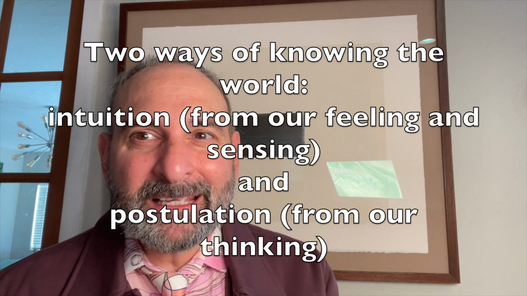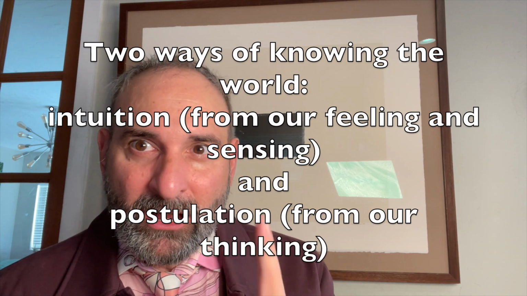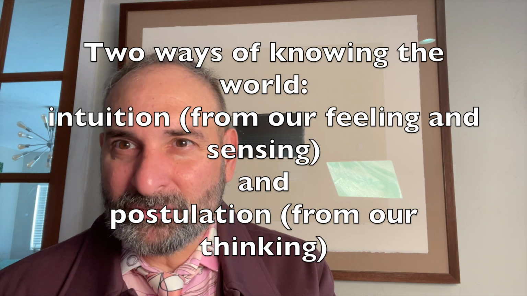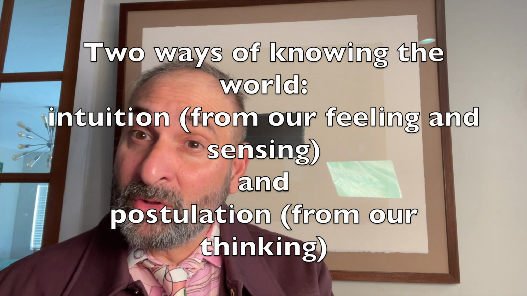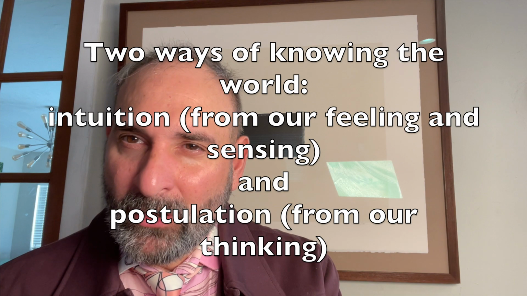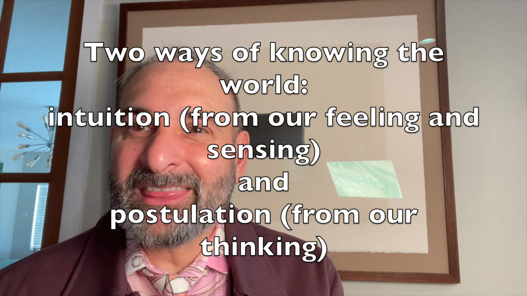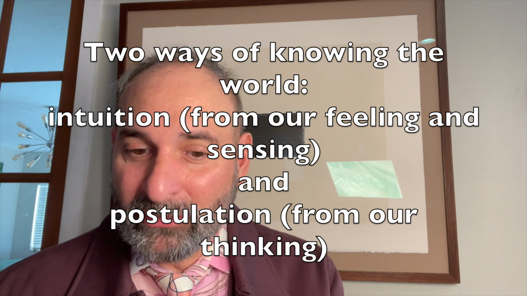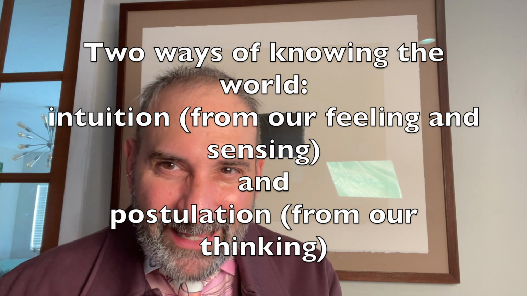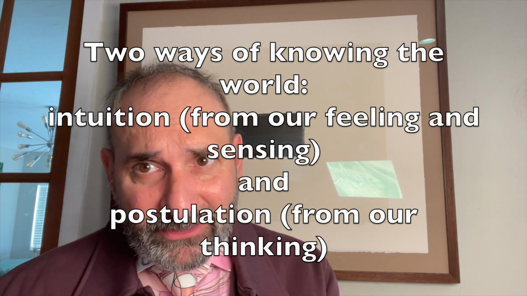And by feeling, I mean how we sense it, our senses, how we encounter the world. We can know the world through feeling, or we can know the world through postulation, which is a thinking way of knowing the world. And he said, this is actually one of the principal differences between the sciences and the humanities.